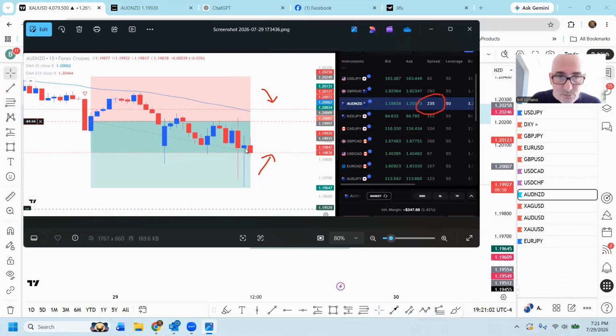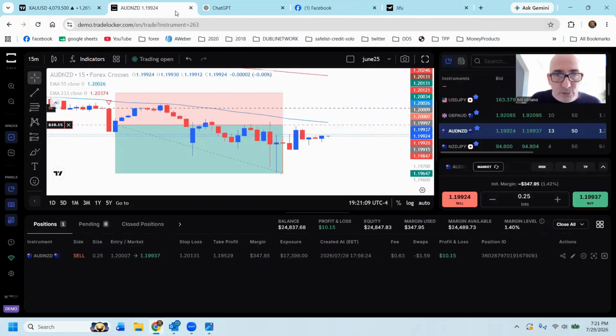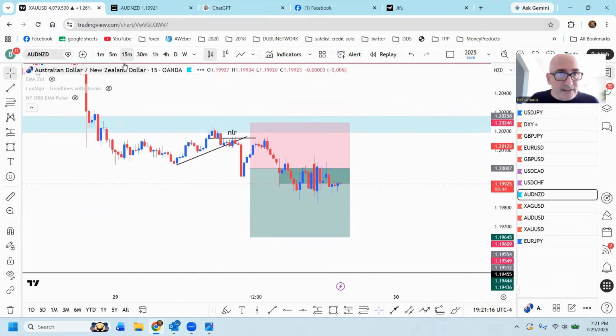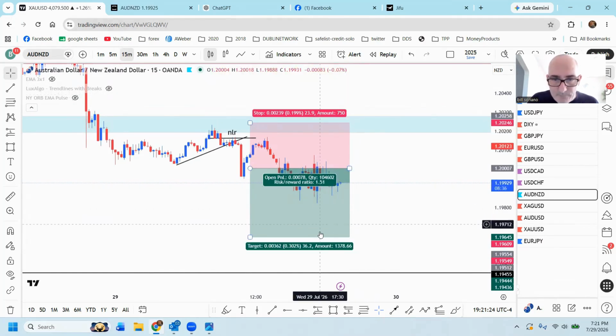And you can see these really big, long wicks coming all the way down to the bottom of the range. But if you actually look at my TradingView chart here, which of course is a different broker, this is Oanda on TradingView, and my actual broker is Trade Locker. Look, these wicks come nowhere near the bottom of this range.